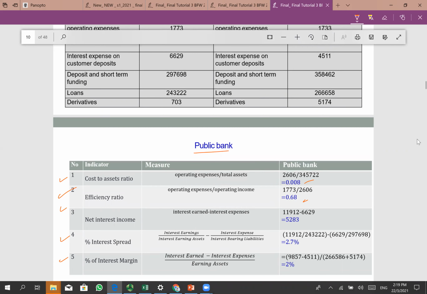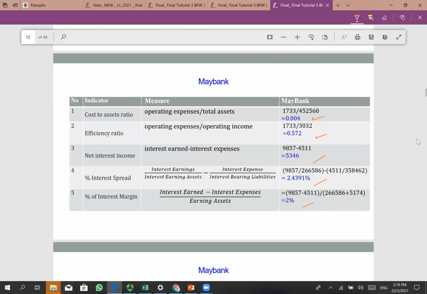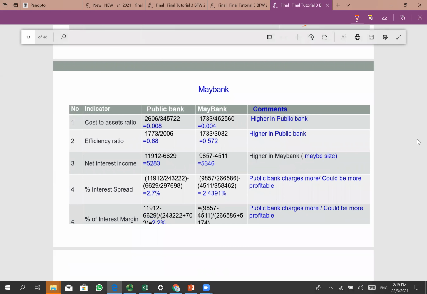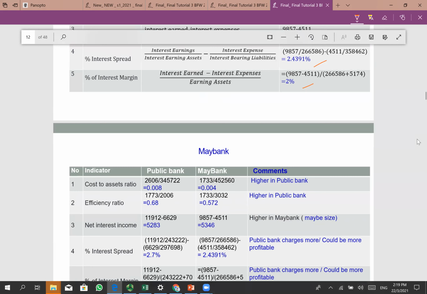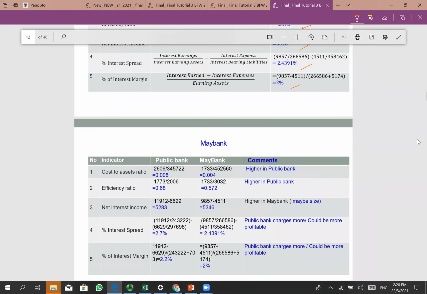Now I calculated for public bank and Maybank, which are the 2 banks here. And I wanted to make a comparison between the two. I mean, calculation is not a big deal, but I wanted to see. I started to compare.